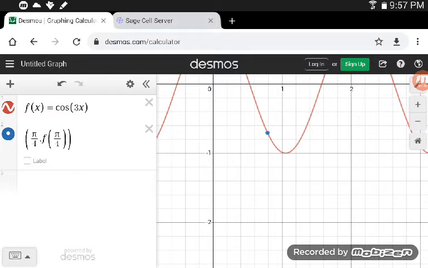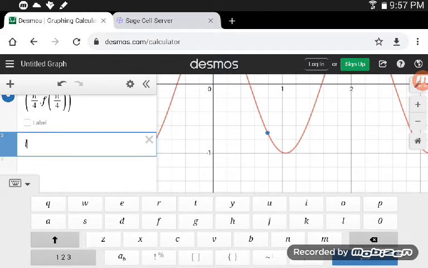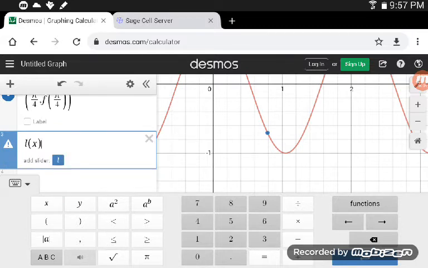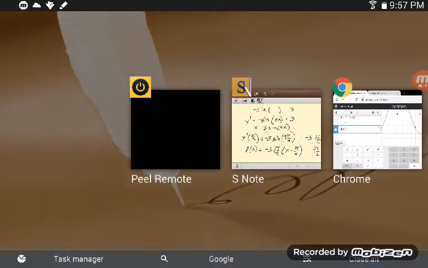Now we can plot our line. Remember we had minus square root of 2 over 2, so we can put that in there. But we had L of x, so L of x is equal to, let's see, I need to come back here, what did we get?